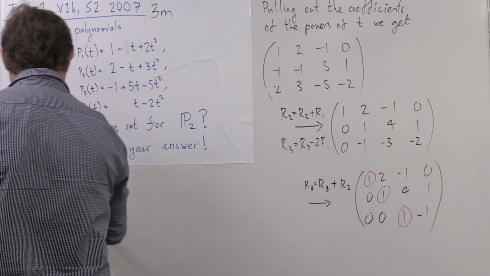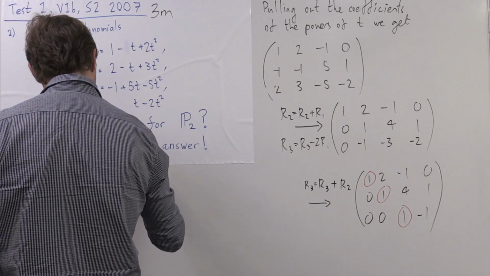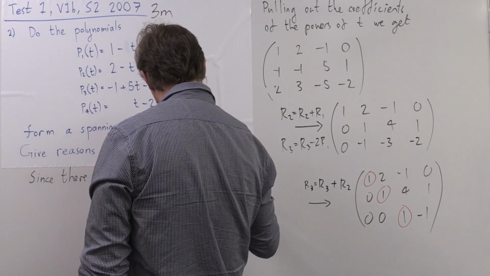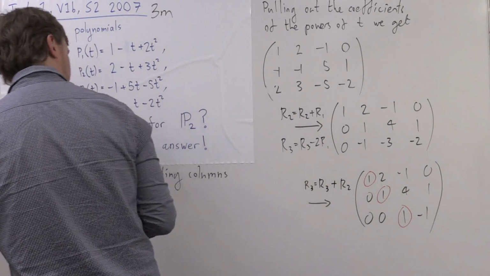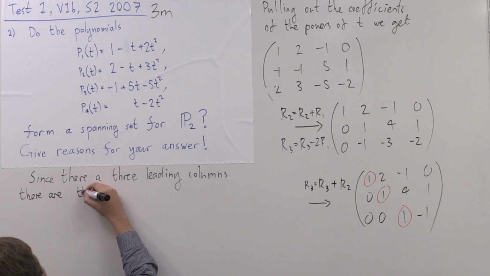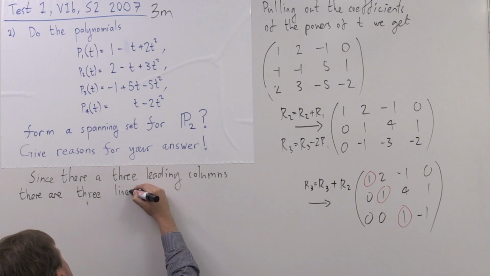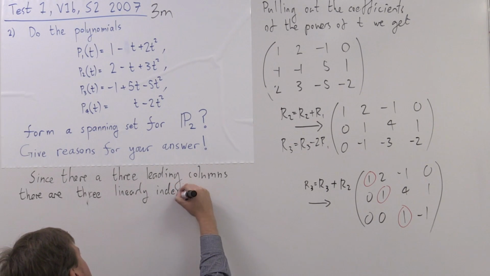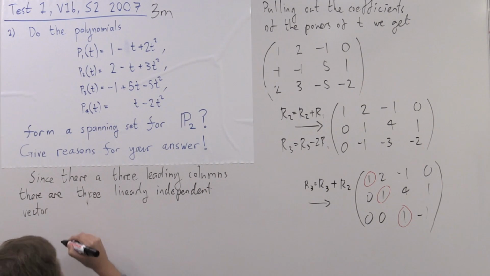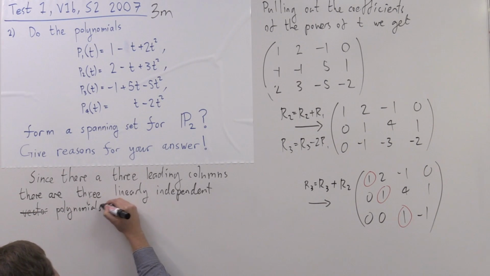Since there are three leading columns, there are three linearly independent vectors, or maybe I should say polynomials, here.